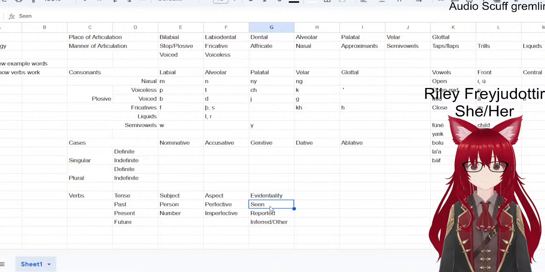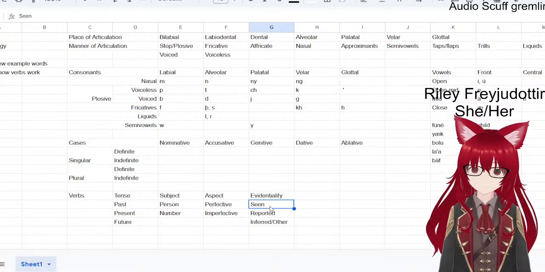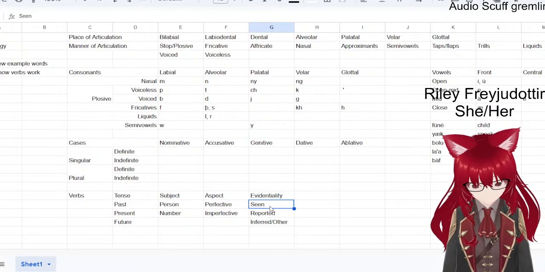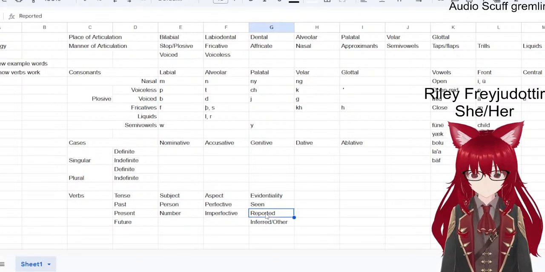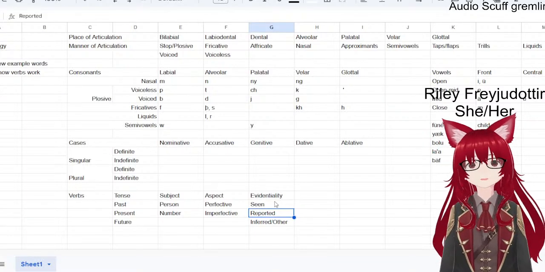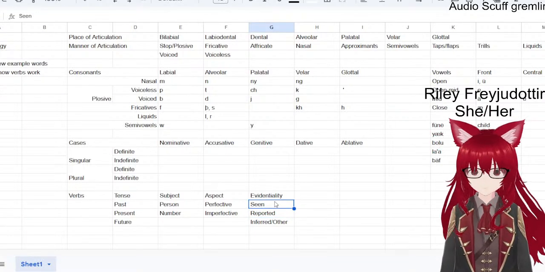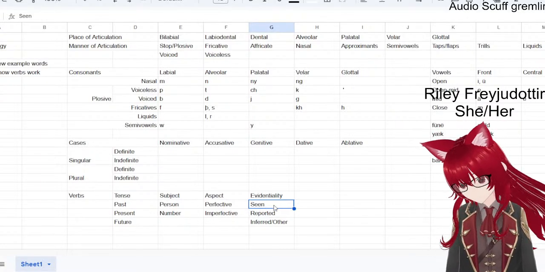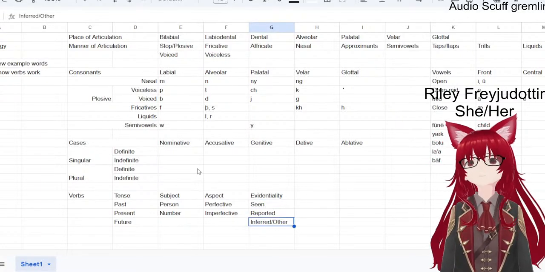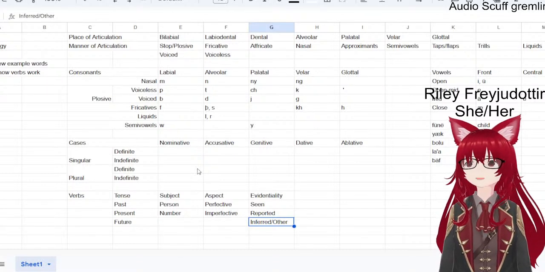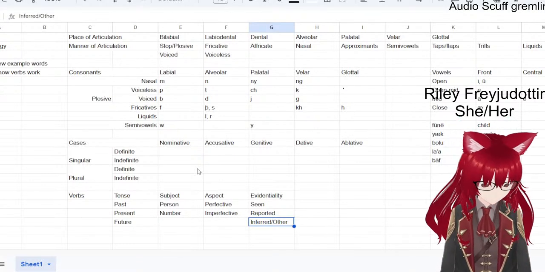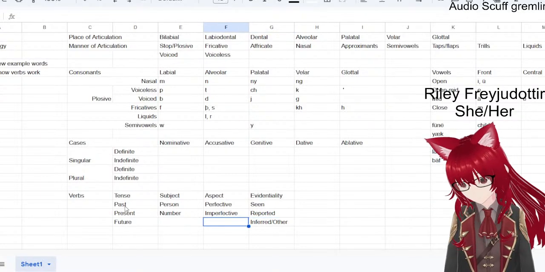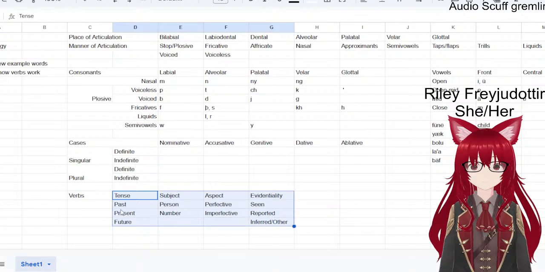But if they didn't actually see it and just heard somebody say there was a shark, you would use the reported instead of the seen. Or it's something they just inferred, guessed, or assumed. So I think this is all the markings we're going to have on our verbs.